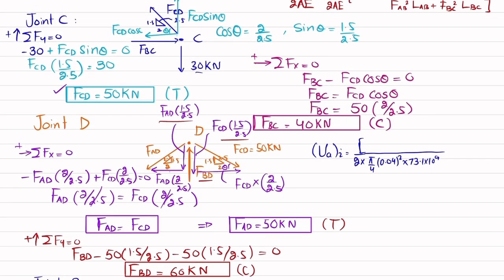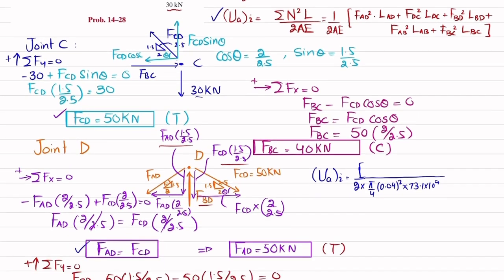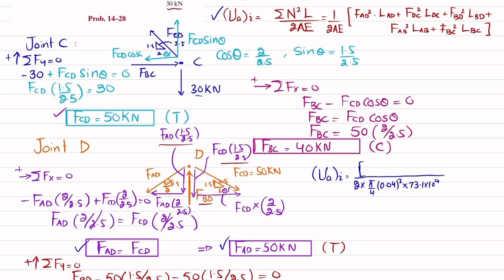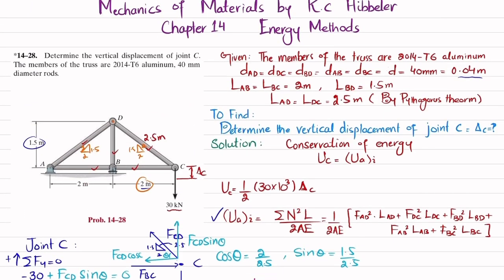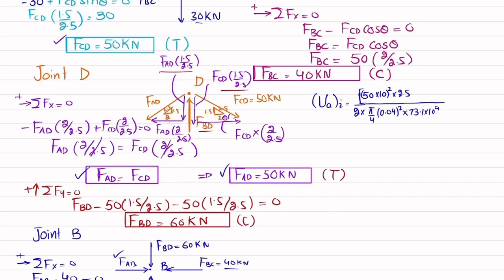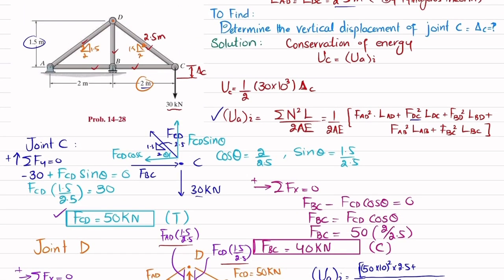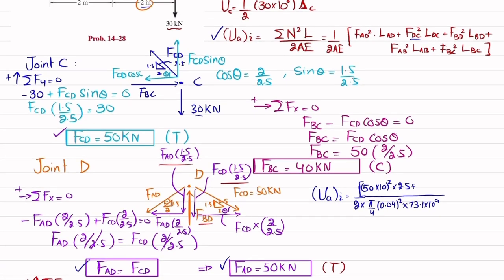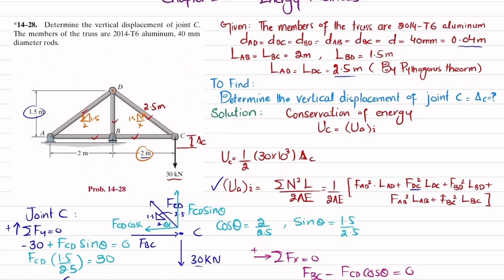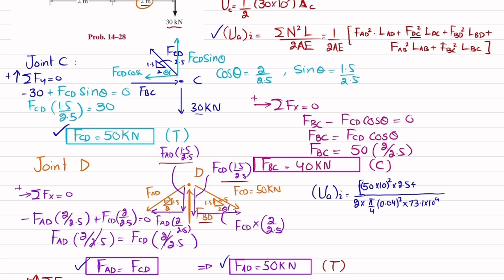So you can see FAD is this one, which is 50 kilonewton. So 50 into 10 to the power 3 whole squared into length of AD. Length of AD is 2.5. So 2.5 plus FDC. So FDC is also 50, and length of DC is 2.5. So instead of writing it again, I will just multiply it with 2.